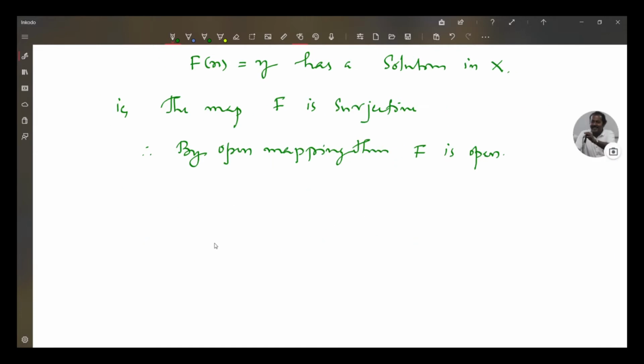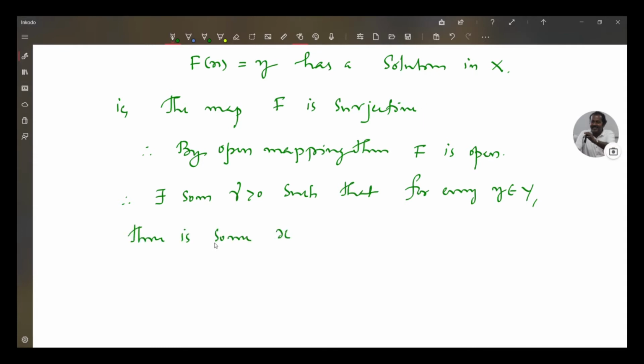Therefore, there exists some gamma greater than 0 such that for every y in Y, there is some x in X with f(x) = y and norm of x less than or equal to gamma times norm of y.